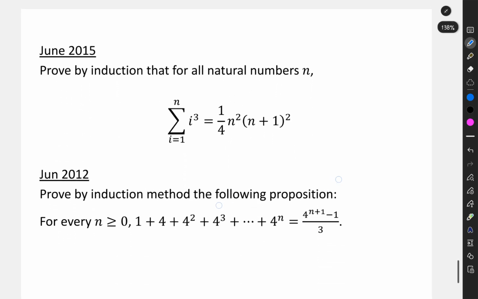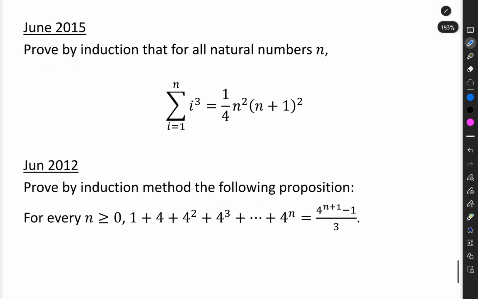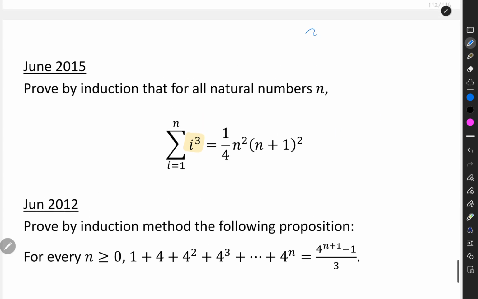Okay, the term is I to the power of 3. Which means, normally term kalau dalam sequence ataupun dalam series ni, kita guna A sub I term. Okay, kita belajar kan? Sequence and series. So your first term here is basically equal to I to the power of 3. Okay, which is 1 lah.